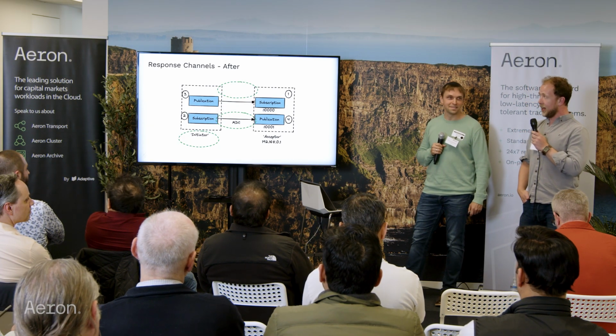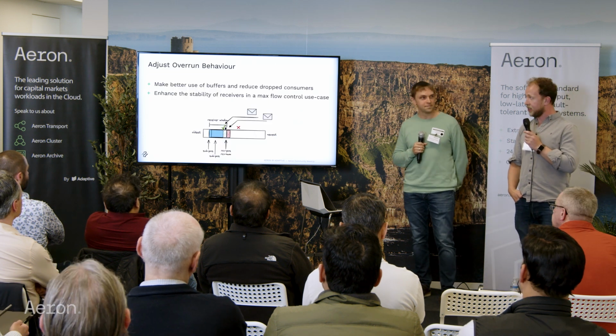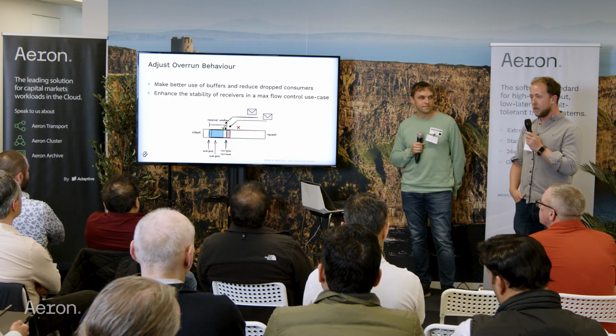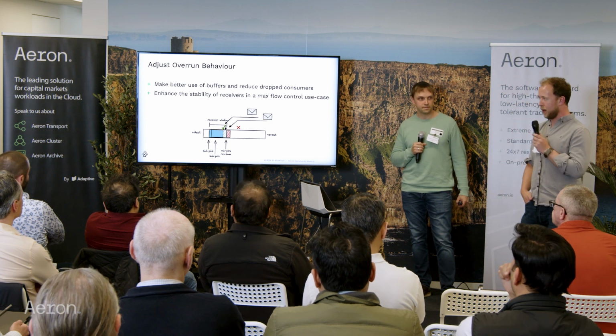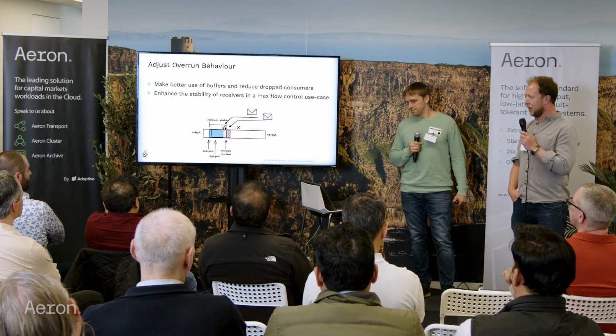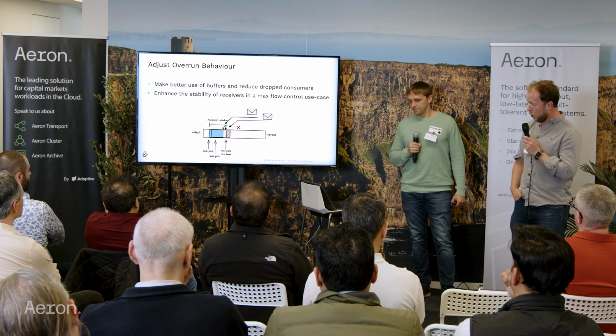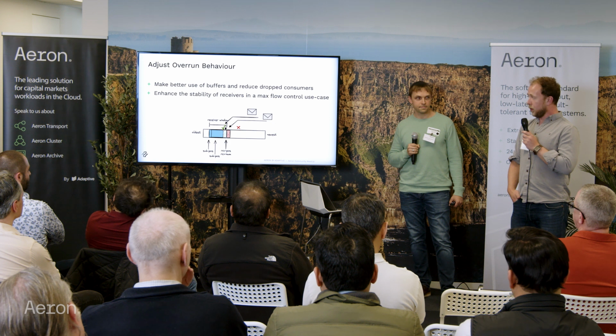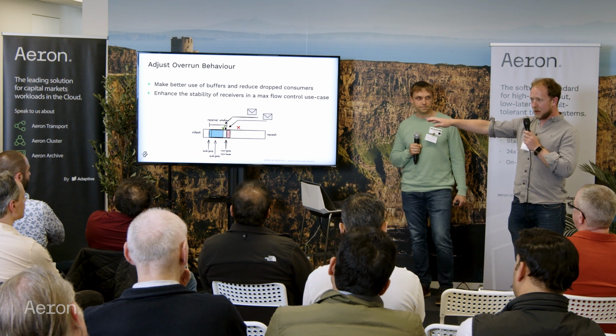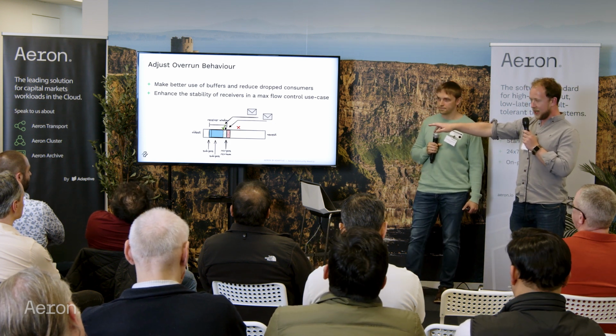We've got another one, overrun behavior, quite a subtle one. We're making more use of those large log buffers that you're configuring when you're creating publications and subscriptions. So what's happening? The old behavior was, for those of you who've opened Aeron Stat, these counter names will be familiar.